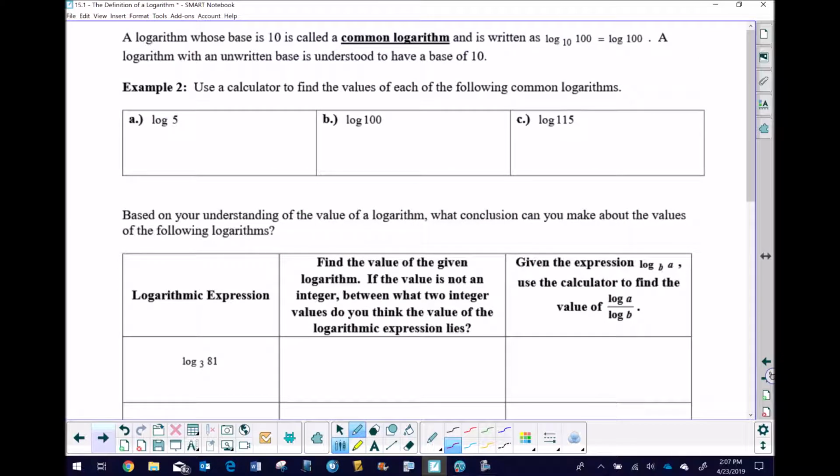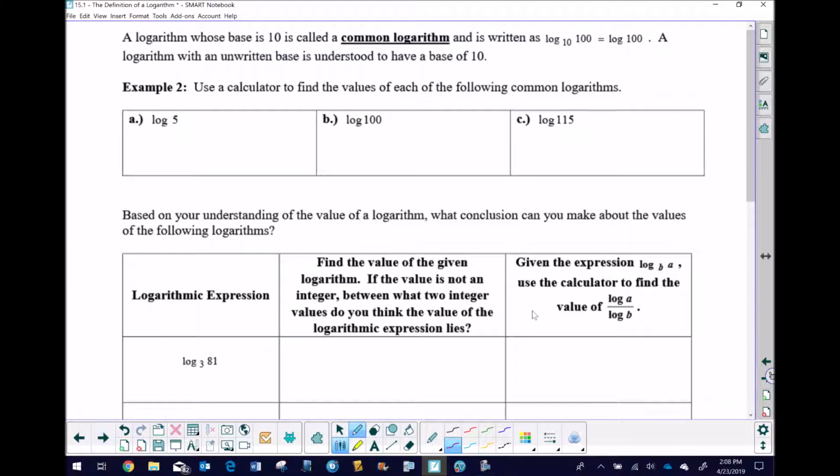Talked about this a moment ago, and I said a logarithm whose base is 10 is called a common logarithm. Common logarithms are so, dare I say, common that sometimes they don't need the b value written with them.